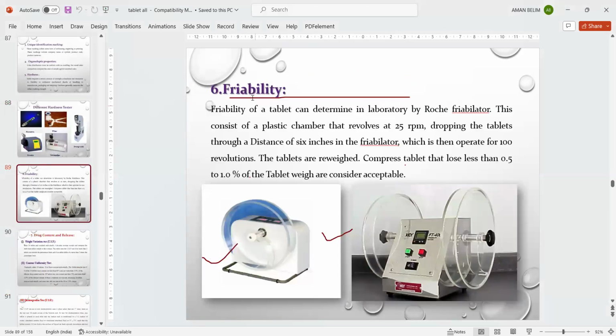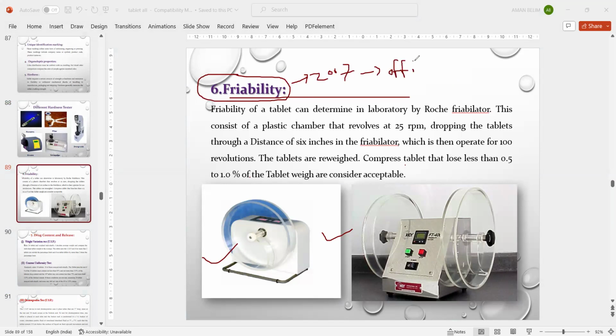Now we move towards the official test. As I mentioned at the start, friability is covered under the official test from 2007. It became official, so pharma companies have to perform the friability test also. What is the general range of friability?